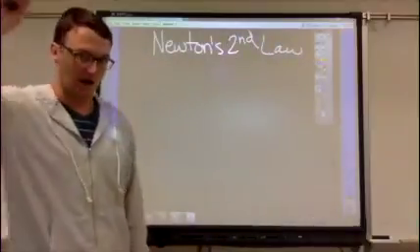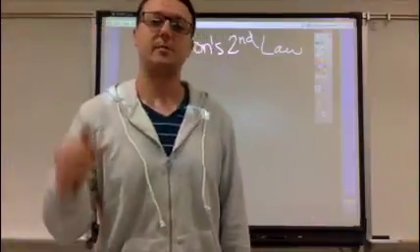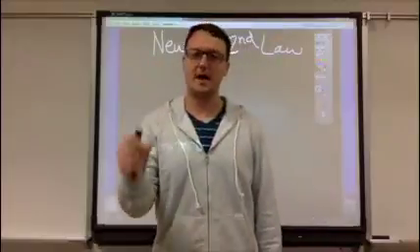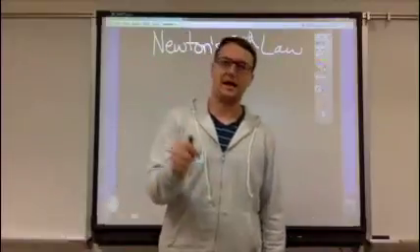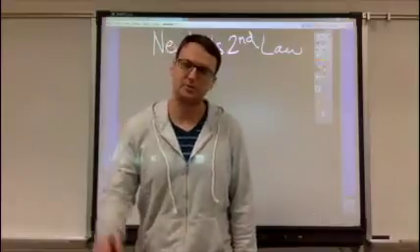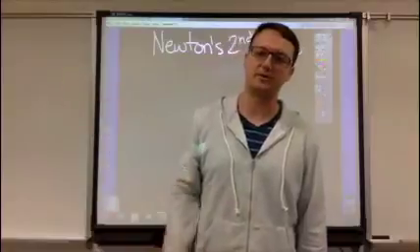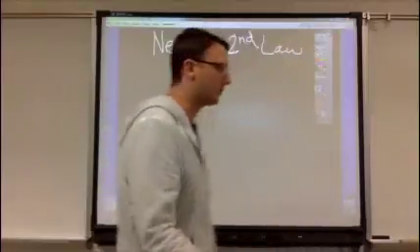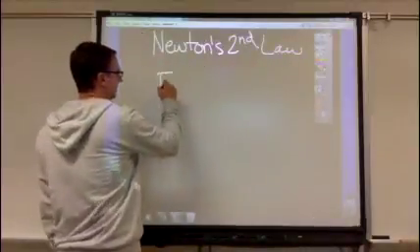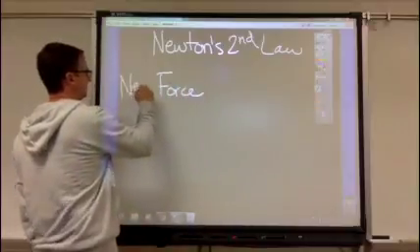So Newton's second law states that all the forces acting on an object can be determined based on the mass of the object and the acceleration that the object is going. So there's a relationship between mass and acceleration that relates to the overall force acting on an object. And that overall force we can just call net force.